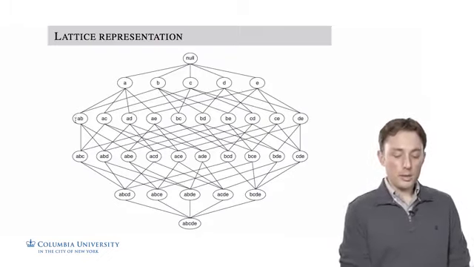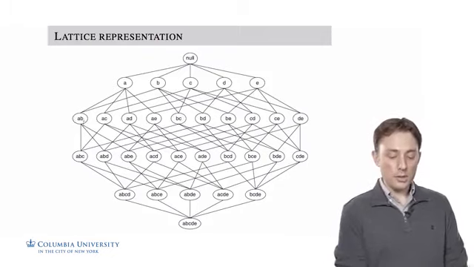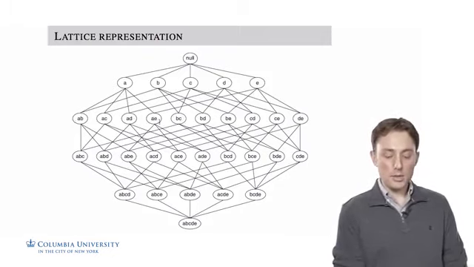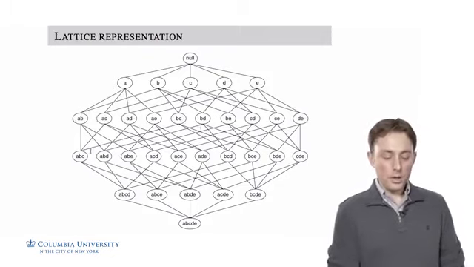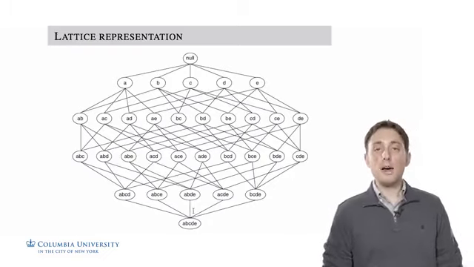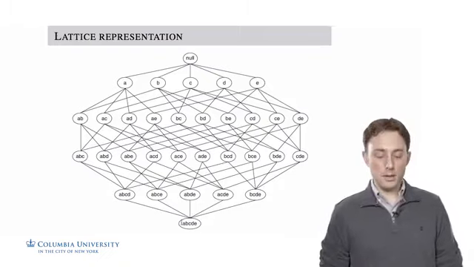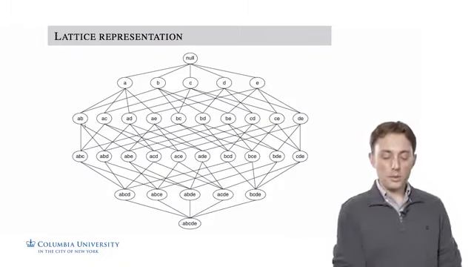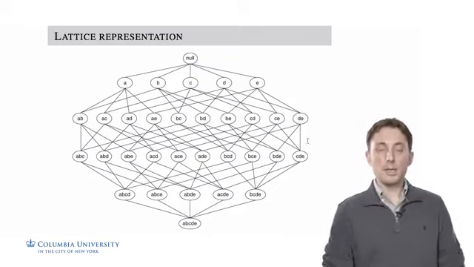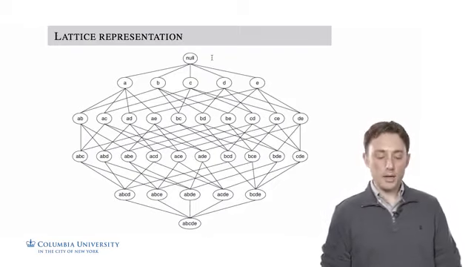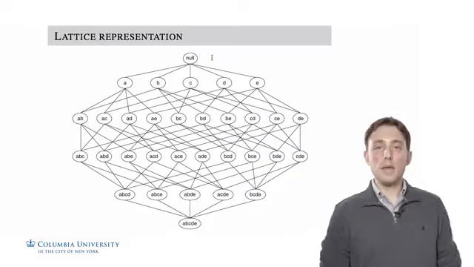And then we move on to all subsets of size 2. We can then move on to all subsets of size 3, all subsets of size 4, and finally all subsets of size 5. And because there are only 5 different objects in this example, there's only one subset there. And so we can represent all of the subsets that we want to check as this lattice structure.